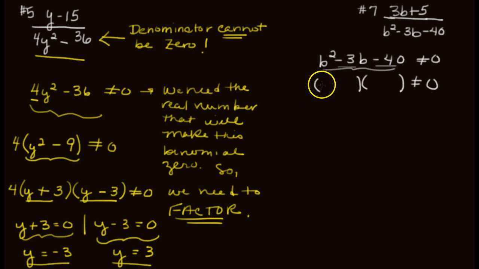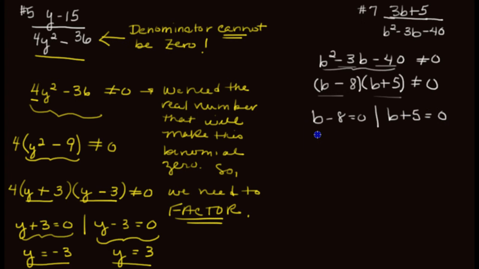So those two factors are going to be b minus 8 and b plus 5. Because if we take negative 8 times positive 5, then we're going to get negative 40. And if we take negative 8 plus 5, we're going to get negative 3b. So now we set these two binomial factors equal to 0. So b minus 8 equals 0 and b plus 5 equals 0.